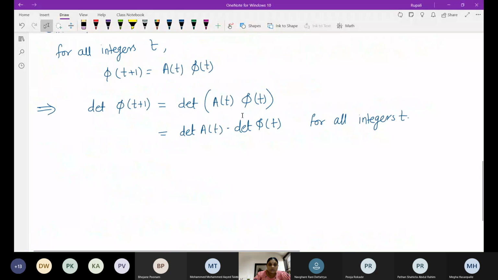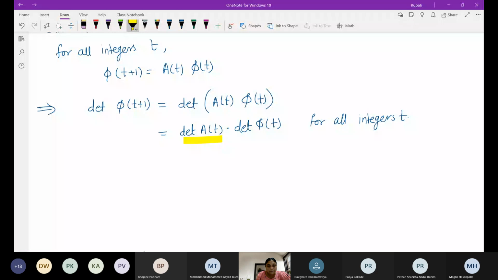Since this is non-zero, now if the determinant of phi of t plus 1 is 0, then this is also 0. If the left hand side is 0, the right hand side must be 0, right?